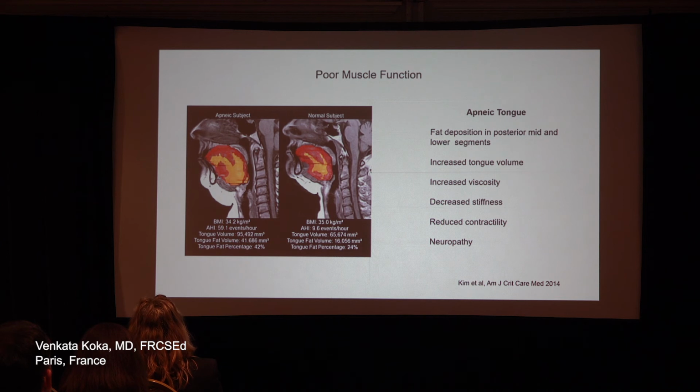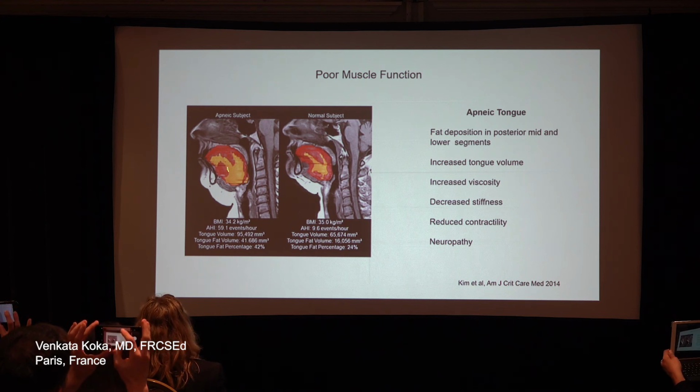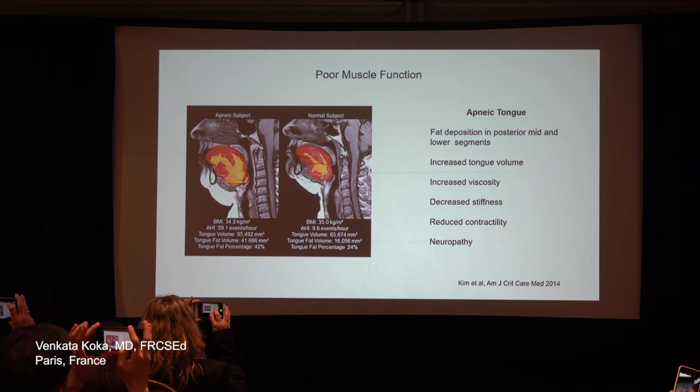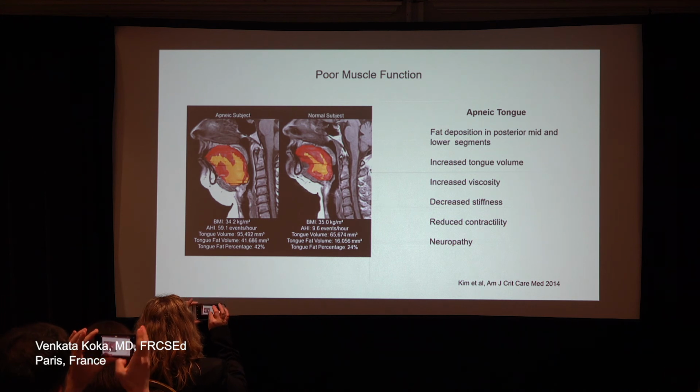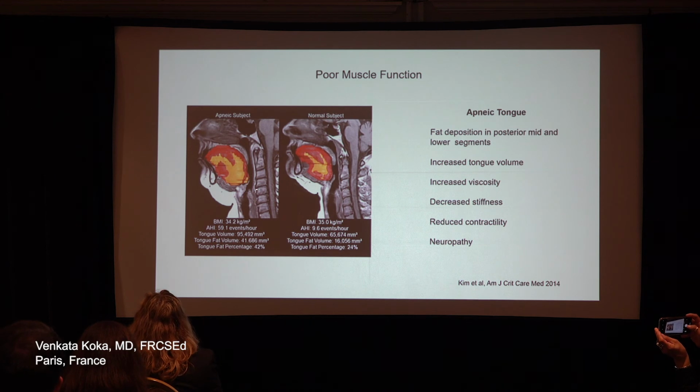Here, this imaging, DTI images, everybody knows this because there is tongue fat accumulation and tongue volume. Increase in the tongue volume is genetic. Sometimes even in normal subjects, they can have increased tongue volume. But here you have fat accumulation, especially in the mid and lower posterior part of the tongue. This is very pathognomonic. We don't know why it's occurring there. We have no answer.